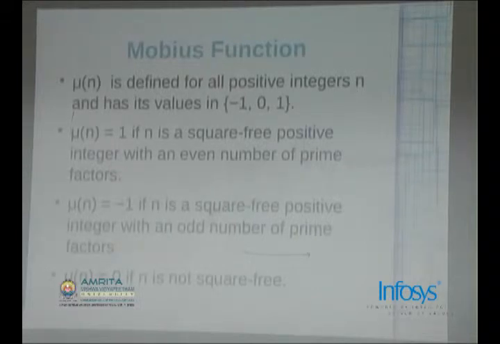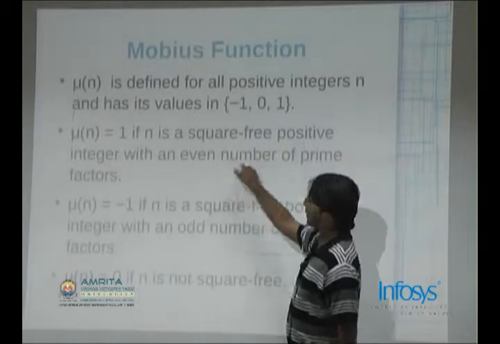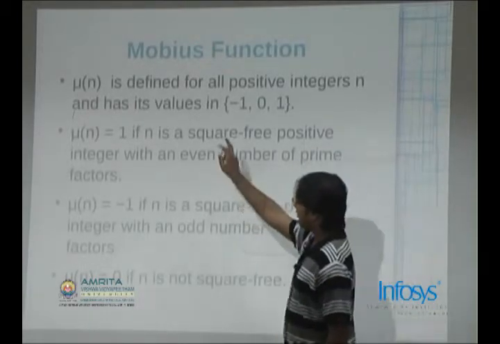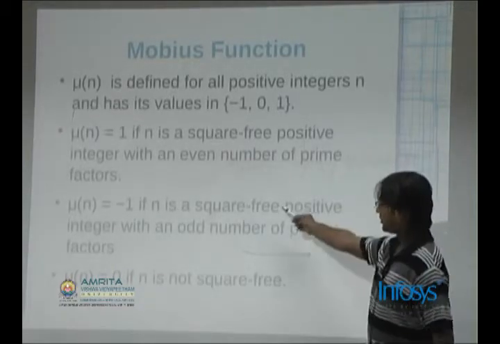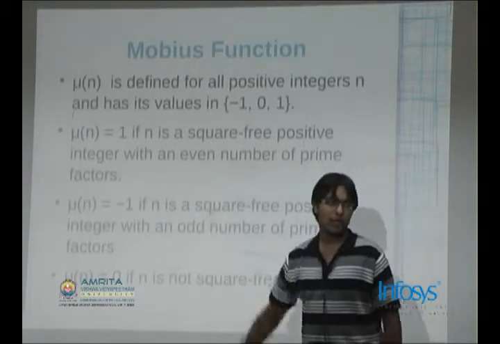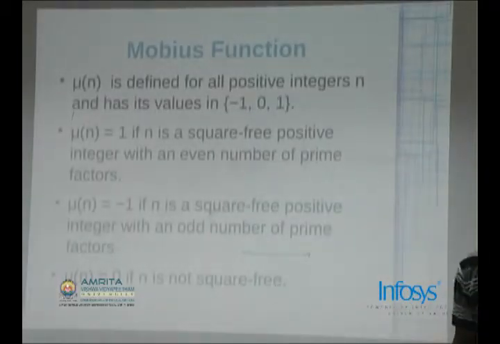So there can be no number like p square into p1 square into p2. It has to be p1 into p2 into p3. So if it's a square free number and it has an even number of prime factors, then the Mobius for that number is 1. If it has an odd number, then it's -1, and if it's not square free, then the Mobius is 0 for that number.